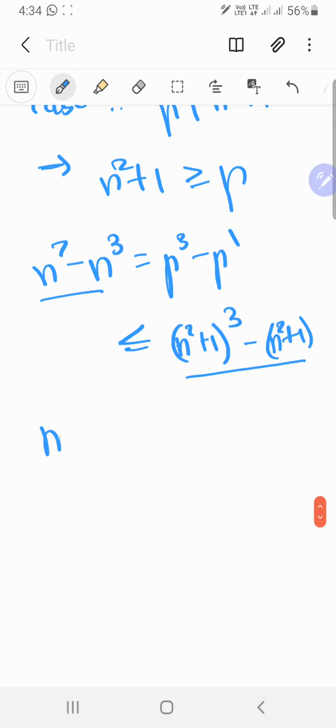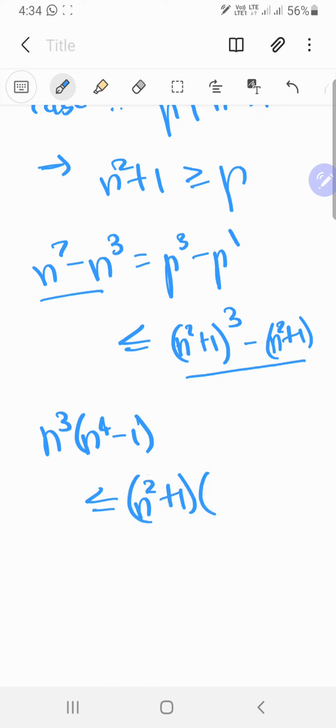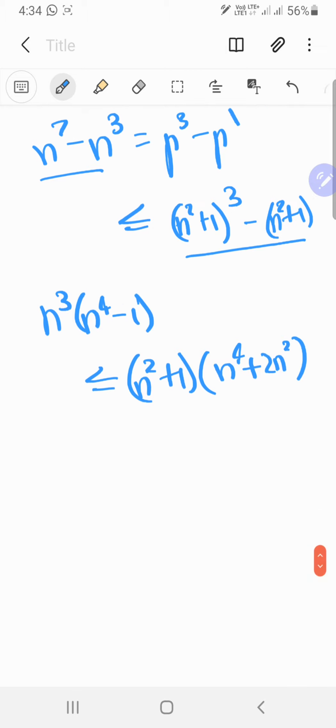First of all, we get n to the power 3 into n to the power 4 minus 1 is less than or equal to, well, I can take out n squared plus 1 from that, and I think some things are going to cancel out. So we will have n to the power 4 plus 2n squared plus 1 minus 1, which is just 0. First of all, I can cancel out an n squared. So this is going to be n, and this will turn out to be n squared, and this is cancelled.